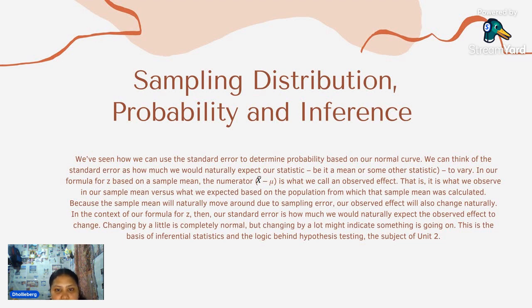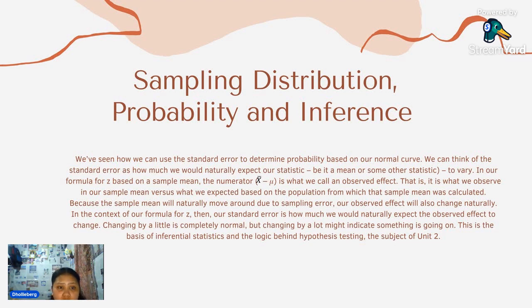That is, it is what we observe in our sample mean versus what we expected based on the population from which the sample mean was calculated. Because the sample mean will naturally move around due to sampling error, our observed effect will also change naturally.